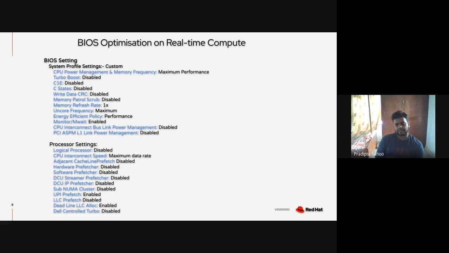As an NFV recommendation, the compute node BIOS setting should be optimized. In our case, the Dell system profile, like the CPU power management and memory frequency profile, should be set to maximum performance, where it will disable the turbo boost, C-state, and other performance parameters as per the requirement of system level performance.